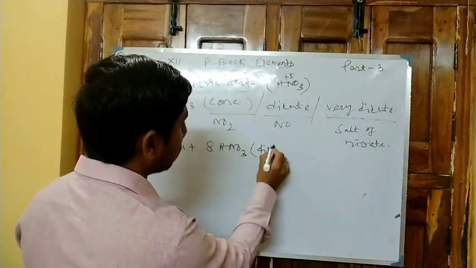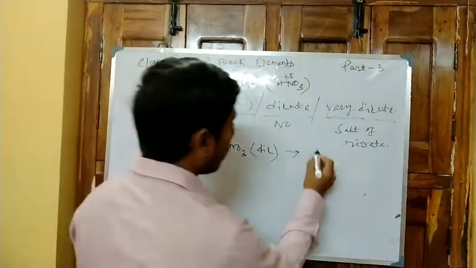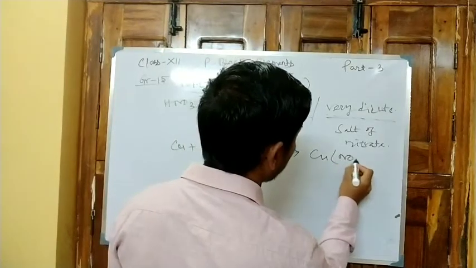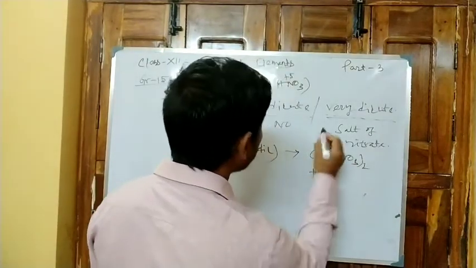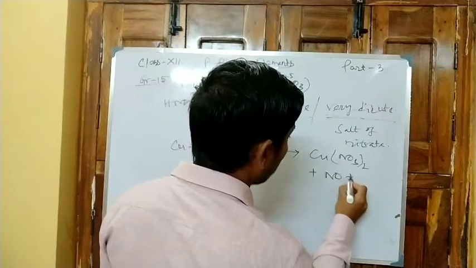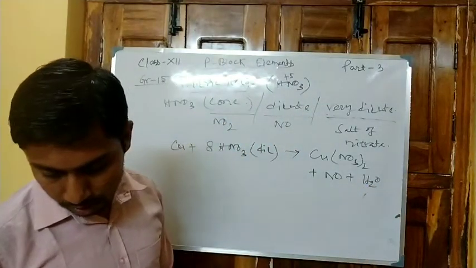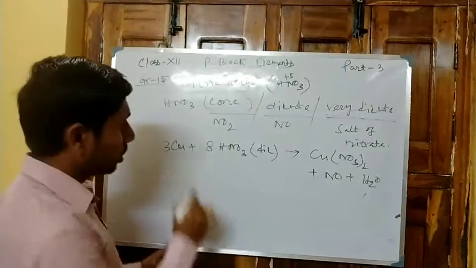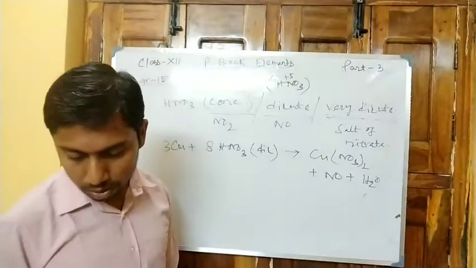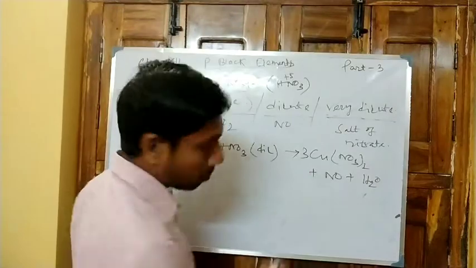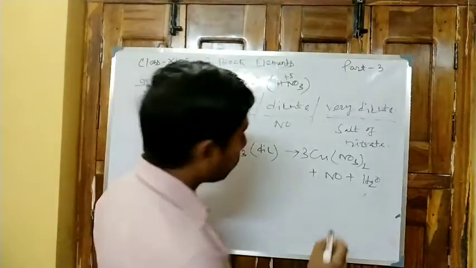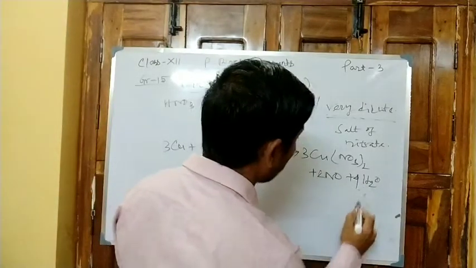This is dilute. Now copper nitrate plus, as it is dilute, NO plus H2O: Cu plus 8 HNO3 forming 3 Cu(NO3)2 plus 2 NO plus 4 H2O.